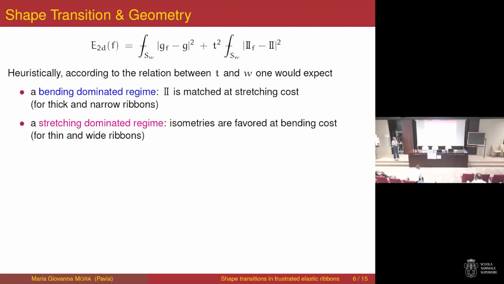The other is a stretching dominated regime where the target metric is matched, so isometries are favored at bending cost, and this should be the case of wide ribbons. So in particular, we expect wide ribbons to be more isometrically constrained. And this is reasonable because a wide ribbon should behave more closely to a two-dimensional object, to a surface. However, this is not really the picture, so the situation is more complicated than that.